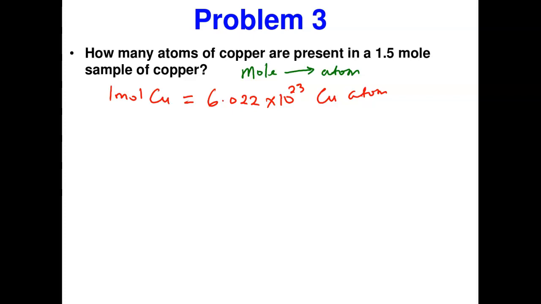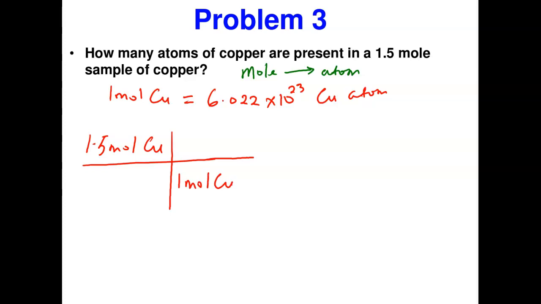Since I'm looking for atoms and I have my mole, I'm going to start again. I have my 1.5 mole of copper, and you can draw a line. I'm looking for atoms, so atoms is going to be on top and mole is going to be down. My 1 mole of copper is going to be down, and my 6.022 times 10 raised to the power 23 copper atoms is going to be on top.